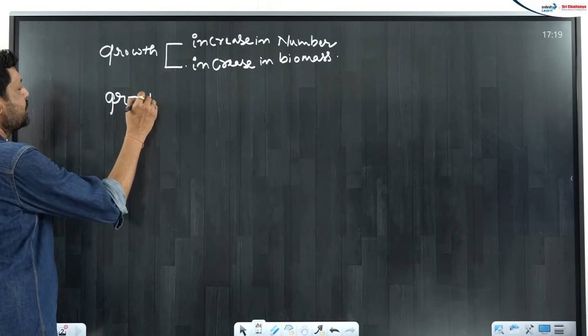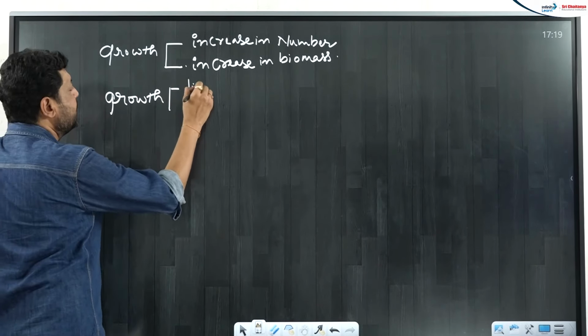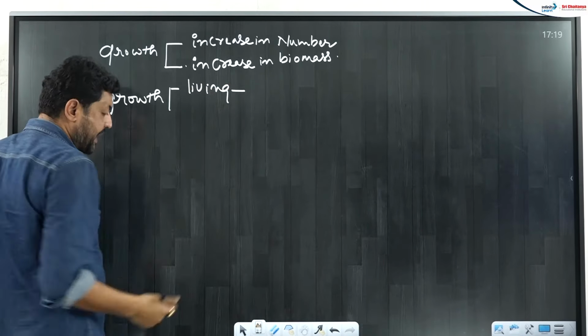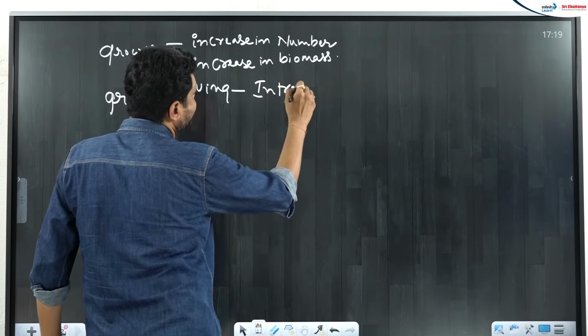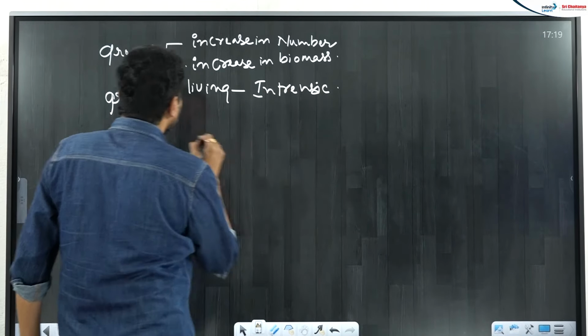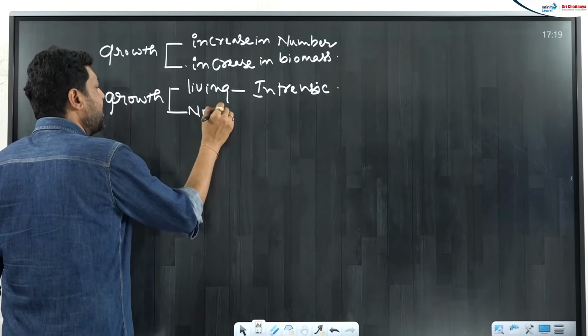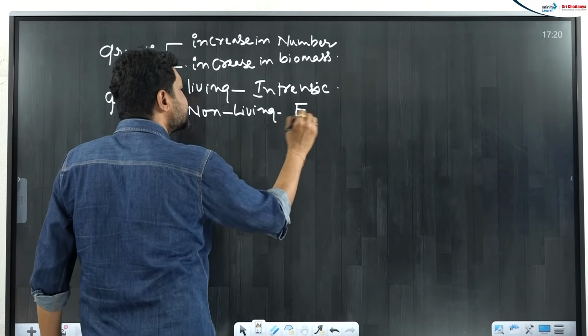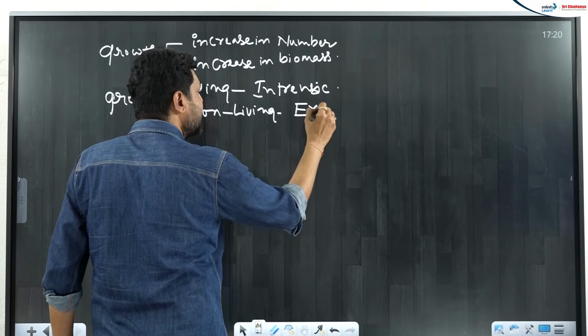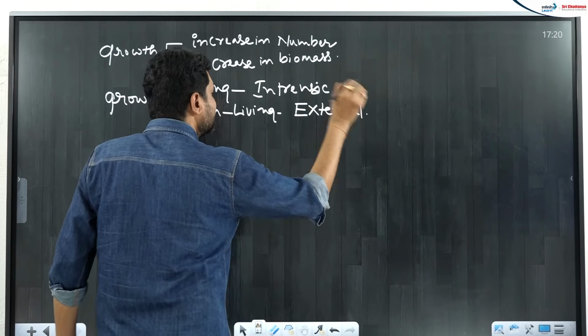So growth, if you talk about living organisms, takes place from inside, intrinsic. Growth in non-living objects is extrinsic or external.